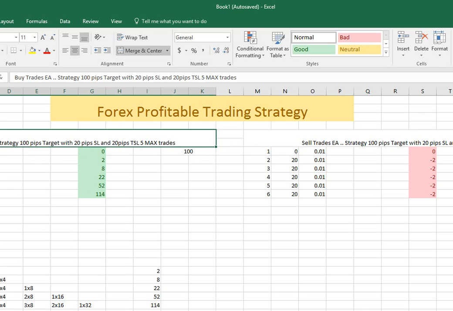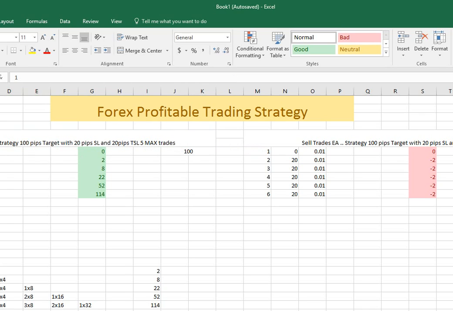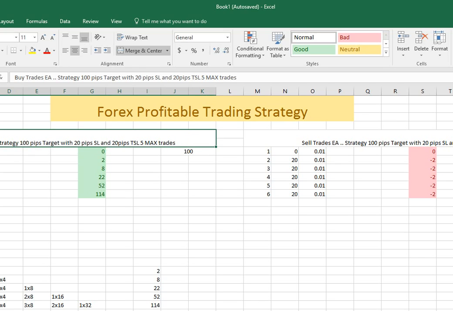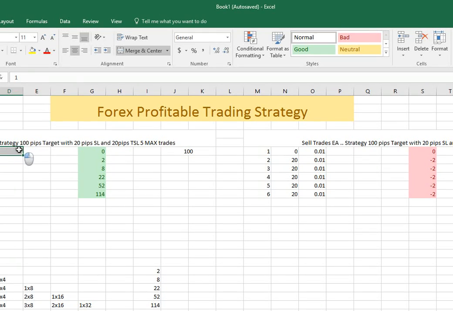When you start trading using this strategy, you will be doing it using an expert advisor, but you can also do it manually. That would be a hard job, but yes, you can do that. We start with a buy trade.